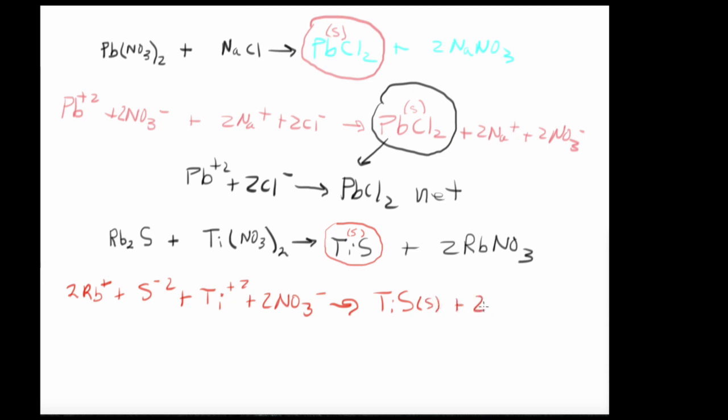And then we're going to have two rubidium pluses plus 2NO3 minuses. All right, and then again, I'm going to just pull the solid down for the net. All right, put my arrow in, and then we're going to have titanium 2+ plus S 2-. And that is the net ionic equation.